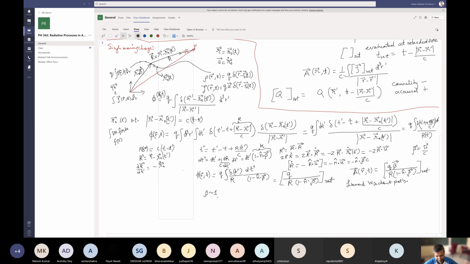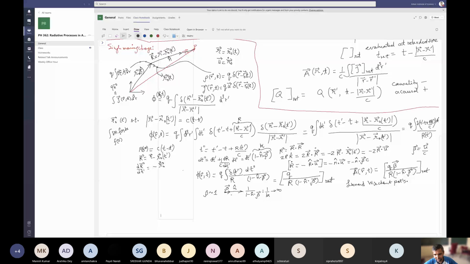Massive particles can never travel at C. So when beta is order 1, and n hat, the line connecting the charge and the observer, is along the direction of the motion of the particle, so this is the direction of beta and this is the direction of n hat, then this 1 over 1 minus n hat dot beta, or 1 by kappa, can actually be very, very big. It can be very large.